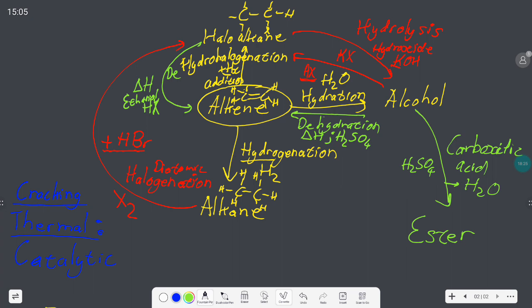Now when you think of thermal cracking, what does thermal make you think of? Temperature. So thermal means high heat and also high pressure, in order to create smaller chains. So cracking will basically split these large molecules apart in order to create smaller chains.